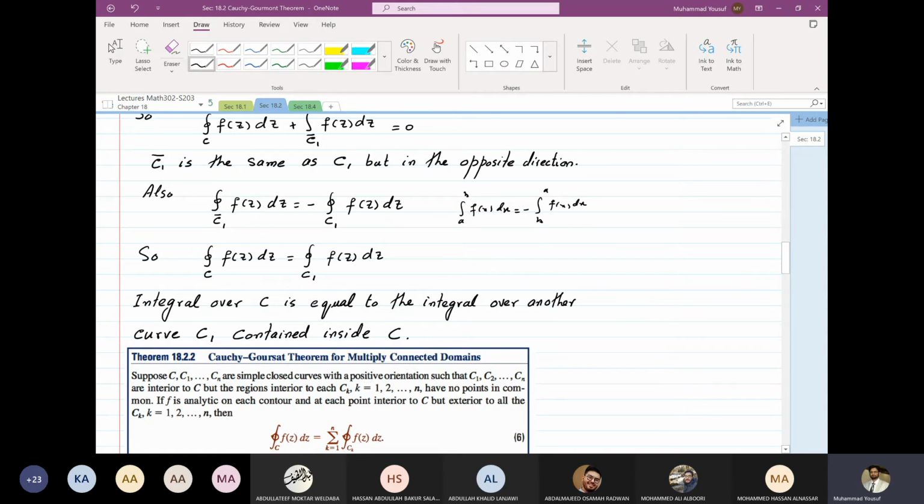When we change the direction, we get a negative sign. Similarly, the integral over C1 bar of f of z dz is equal to the negative of the integral over C1. Why negative? Because C1 and C1 bar are in opposite directions, so we get a negative outside, like a to b f of x dx is equal to minus b to a f of x dx.